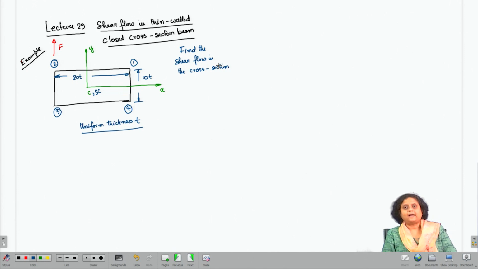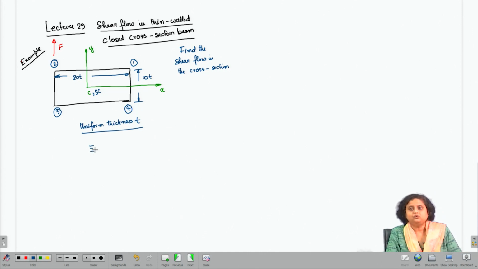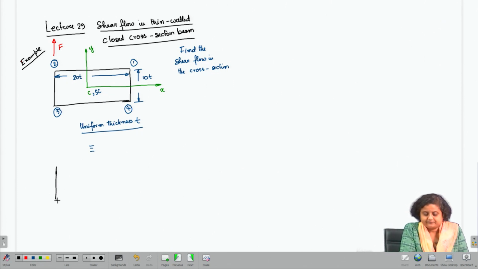Now, as we have discussed in the earlier lecture, we have to convert this problem into an equivalent force system problem. So, we have to take the rectangular cross section.